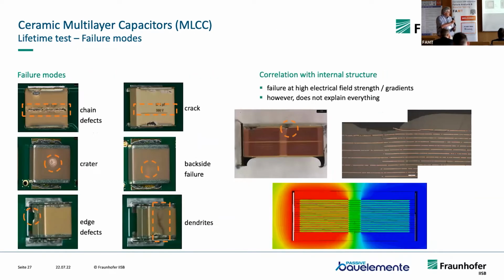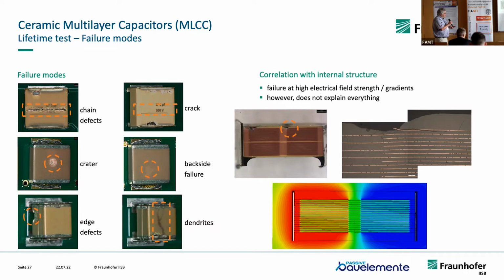Let me skip that. These are typical failure pictures. When you age your capacitor and apply a voltage, then you get funny defects, chain defects, craters, edge defects. You have delaminations inside. You can understand the root cause if you understand the structure.